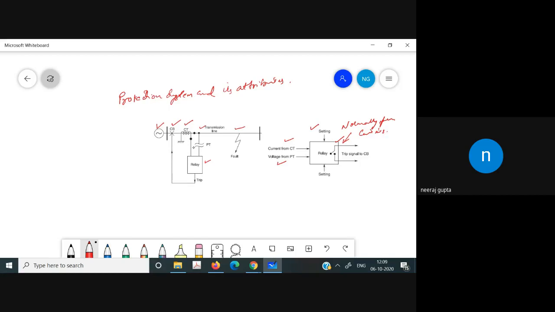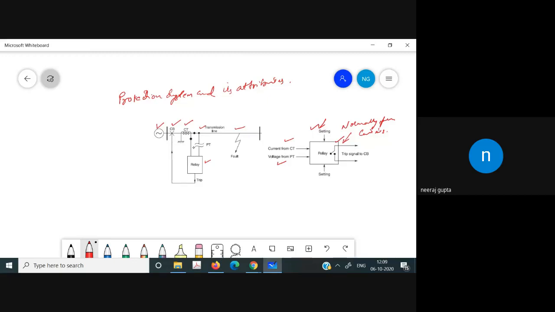Input is the current from CT and voltage from PT, and the output is the normally open contacts. This output is wired in the trip circuit of the circuit breaker to complete the circuit. The relay has another user settable input, which is also known as the setting of the relay.